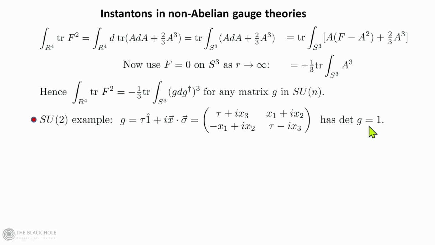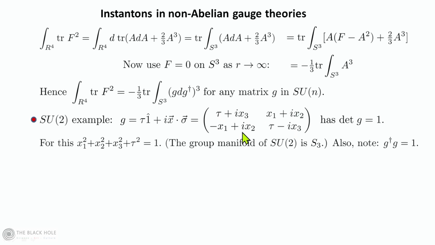Now this has got to have determinant of G equal to 1 if it's an SU(2) matrix, by definition of the special unitary group. So this times that minus this times that has to equal 1.